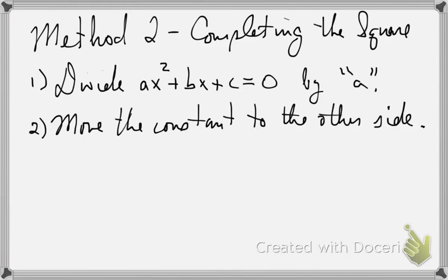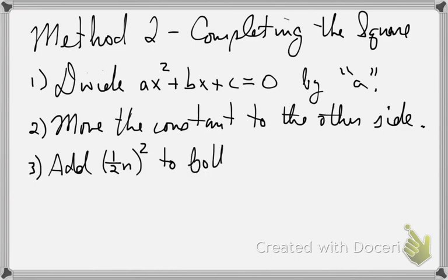Move the constant to the other side. Exile that constant because we need the constant that works for us, which is probably not the one that was there. So kick it out. That's the part that's confusing. Then we add that 1/2 n squared to both sides. That's that completing the square component. We add that specific number to both sides.